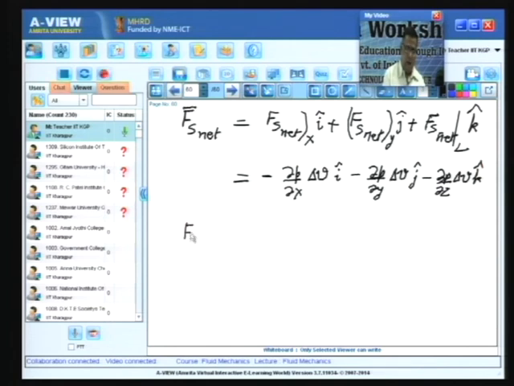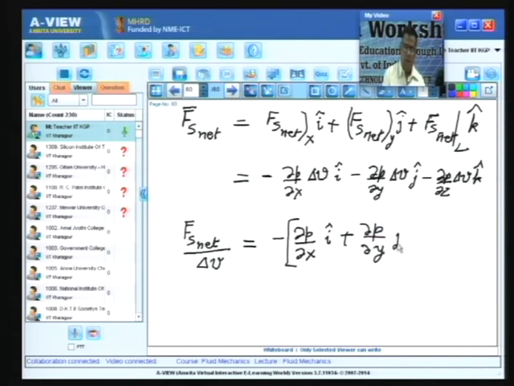So, if you look at F S vector net by the volume, you are going to have minus del P del x i, I can factor out the minus sign, plus del P del y j plus del P del z k.